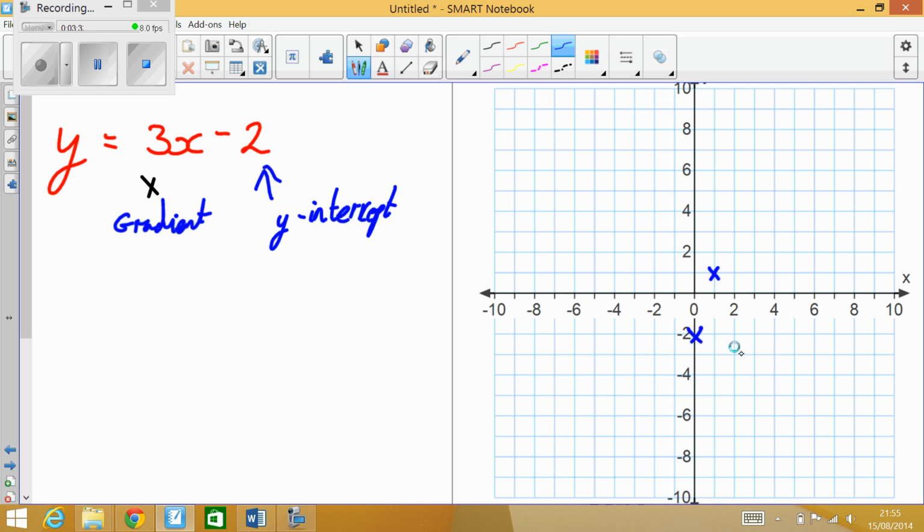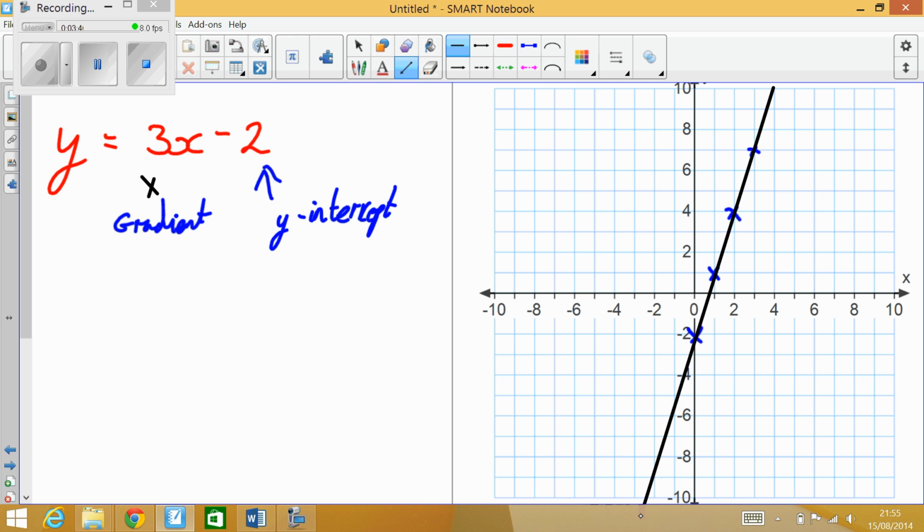So I'm going to do another cross there. 1 square across, I've got to go up by 3. I can do another cross. Then draw my straight line on. So for every 1 unit I go across, I'm going up by 3 units.